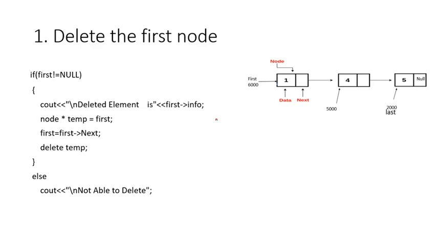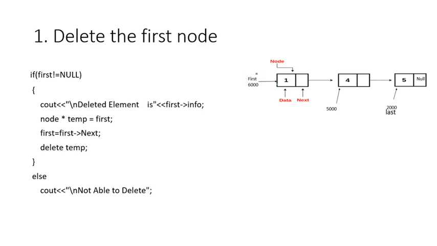Now first we will see how to perform the deletion of the node at the first location. This is an already existing list. This is acting as the first node in that list, and we have stored the base address of that first node in the pointer first.